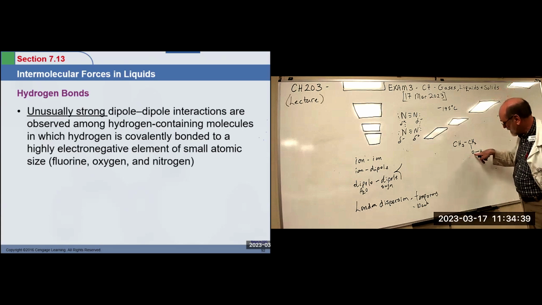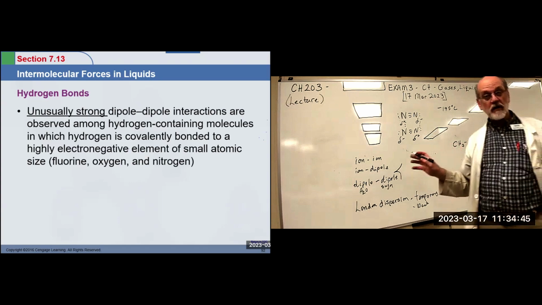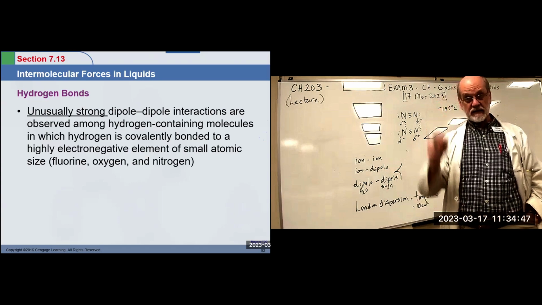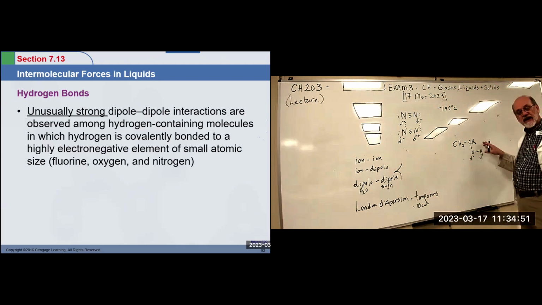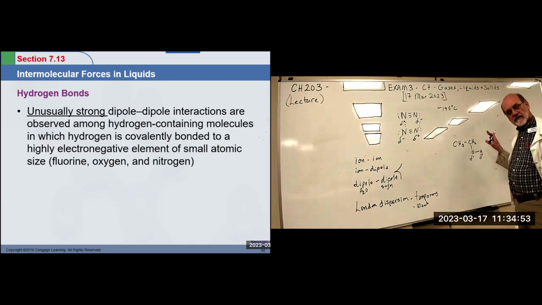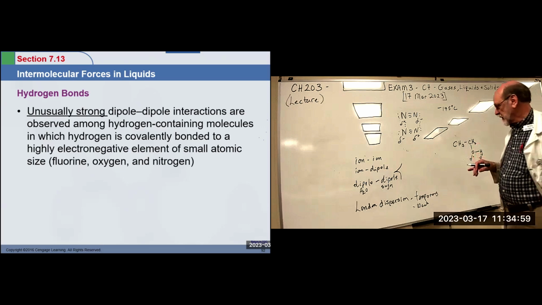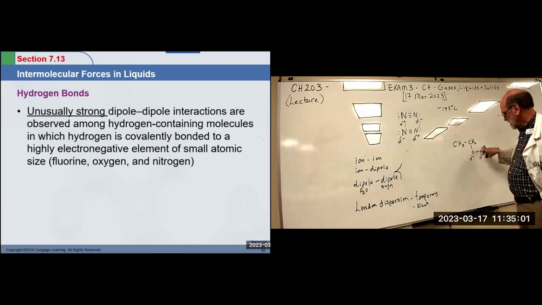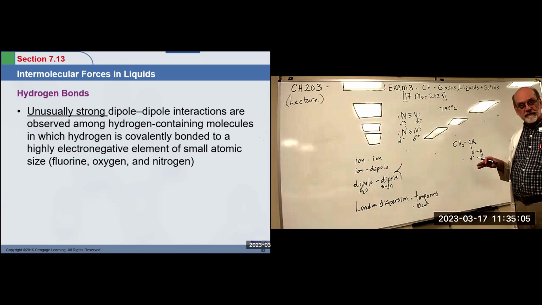Right? So you can have a dipole set up here on this ethanol molecule, right? The drinking kind, ethanol, ethyl alcohol, and it will be attracted to other ethyl alcohol molecules, or it can be attracted to some other things like water. But you can have these hydrogen bonds formed in different places around the molecule.